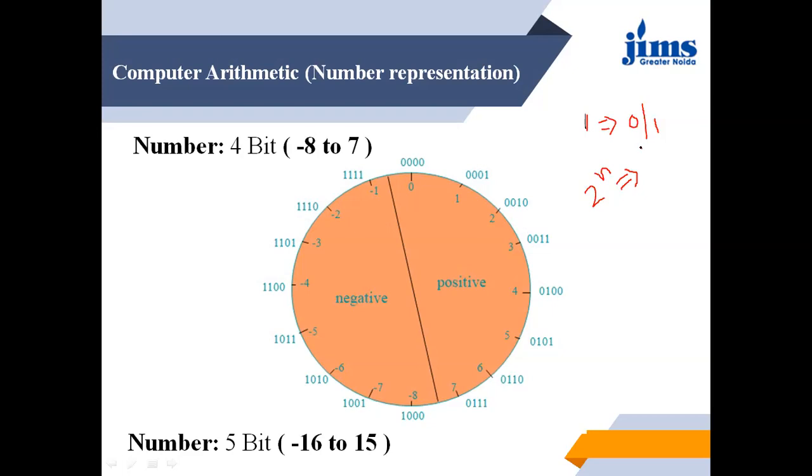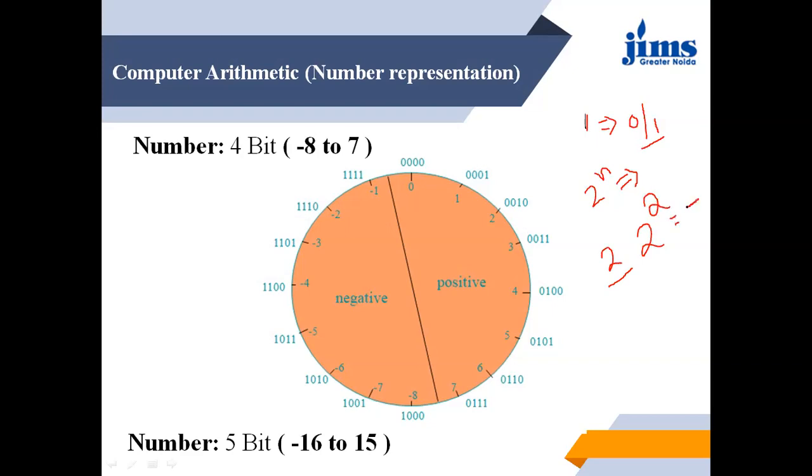That is for 1 bit. If I take the example of 2 bits, then the value of n is 2 here, so 2 raised to the power 2 is 4.